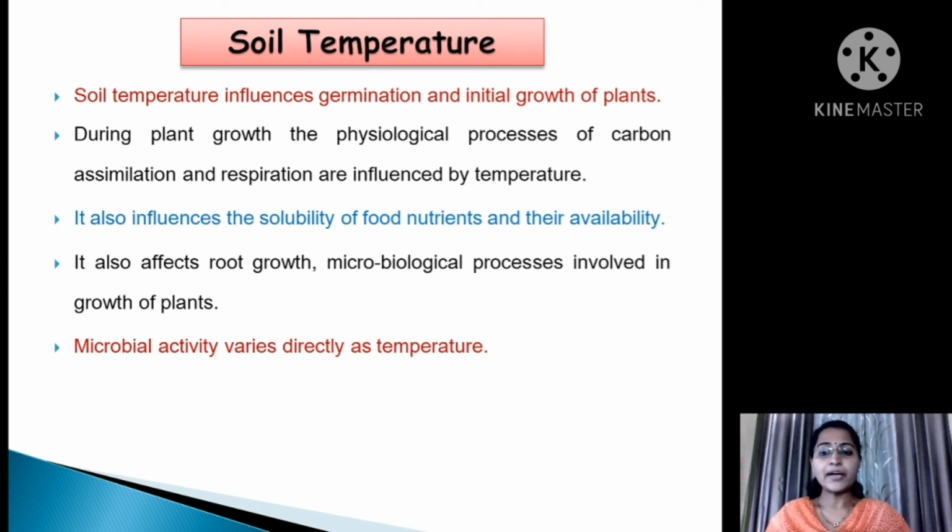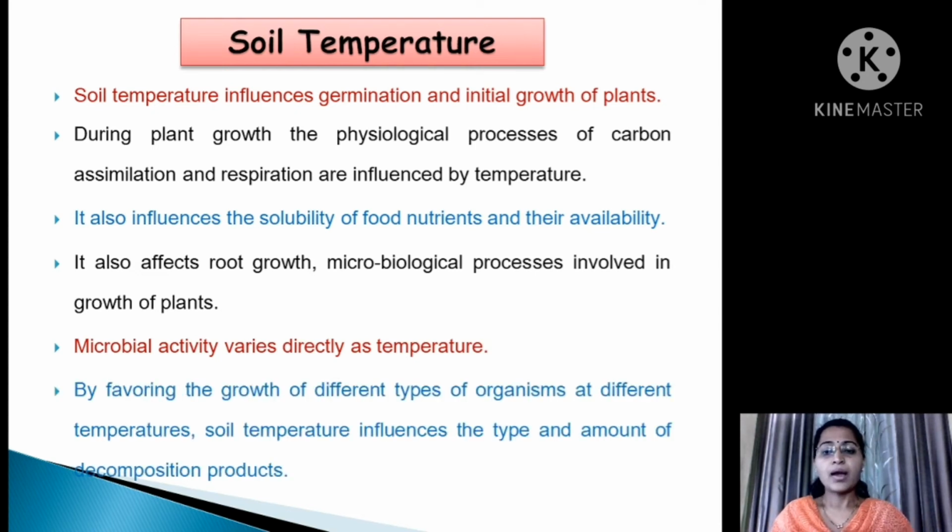And we know microbiological activities vary directly with temperature. By favoring the growth of different types of microorganisms at different temperatures, soil temperature influences the type and amount of decomposition products. That means soil temperature is also a necessary thing for the soil.